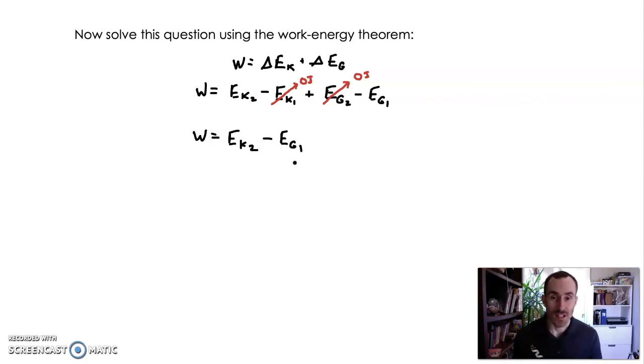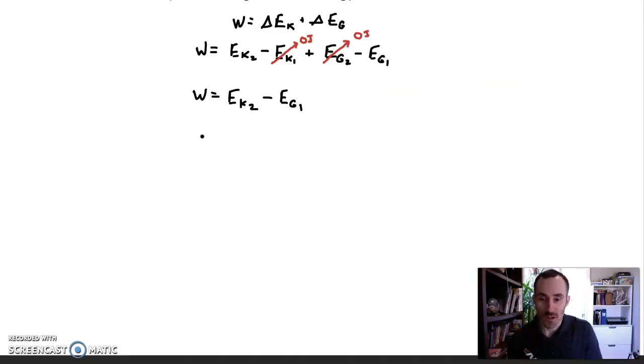Whatever that difference is, that's how much the change was. So we took the total final energy minus the total initial energy, and that gives us the change in energy, or the work. So the work is going to be negative 584 joules.